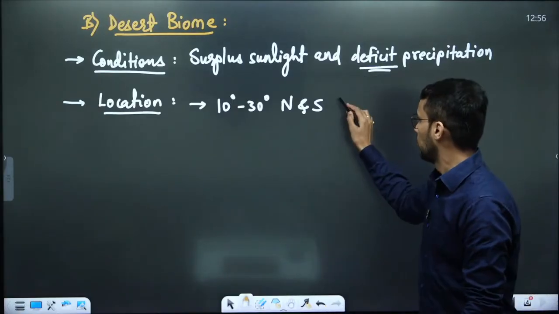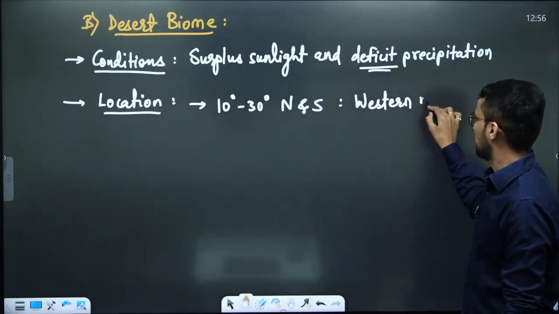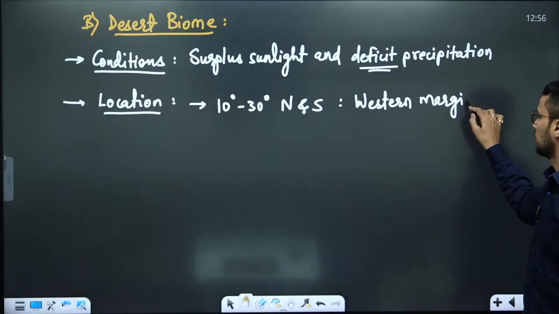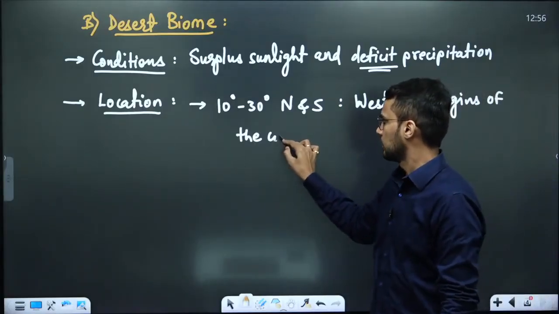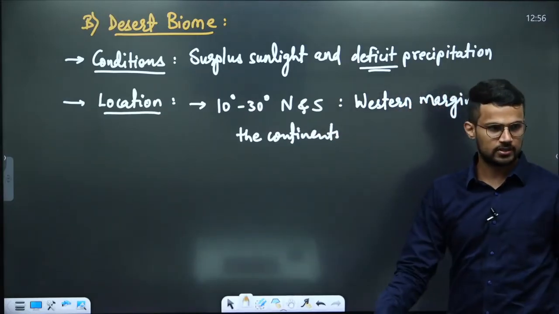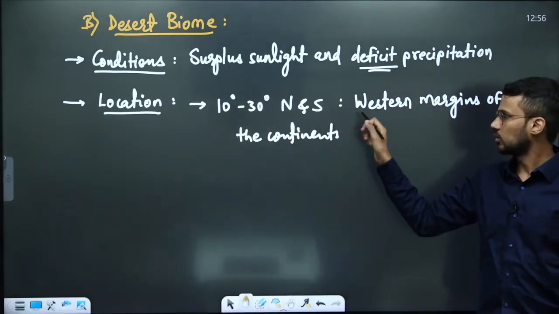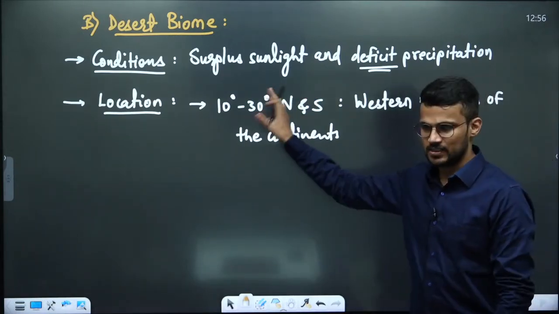No, no. Western margins of the continents. 10 to 30 degree north and south, western margins of the continents, we have presence of deserts.